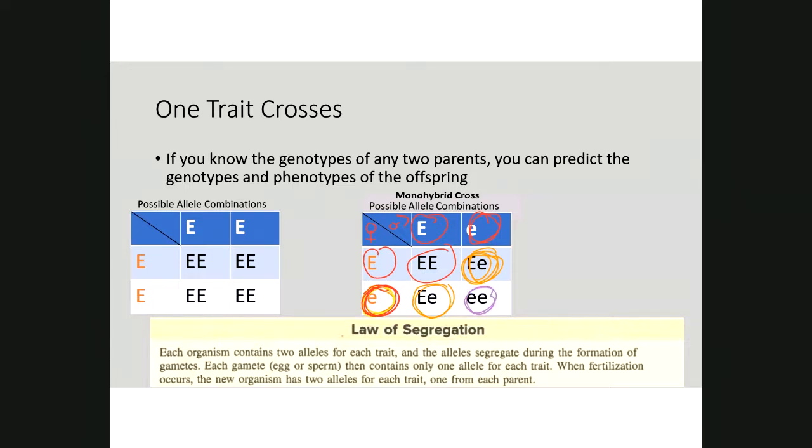Okay, so here's another example. Let's say, for example, here's the female, here's the male. You have a male with, not this one, but a recessive condition, and the female with the dominant condition. What are going to be the results?